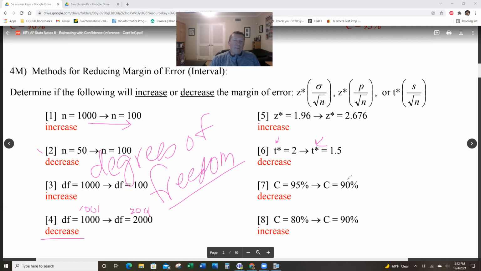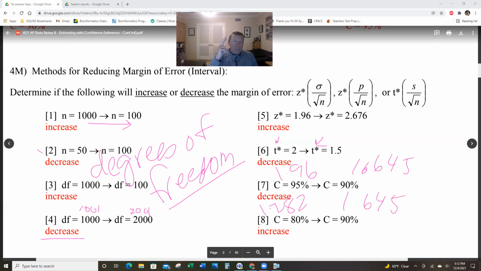If you go from 95% confidence, 95% confident is 1.96 for a proportion, and you go down to 90% confident, which is 1.645, that's a smaller number, so you're going to decrease the interval, but you're less confident. Now, if you go from 80% confident, I think 80% is 1.282, I think, and you increase it to 90, which is 1.645, you're clearly going to increase the interval.